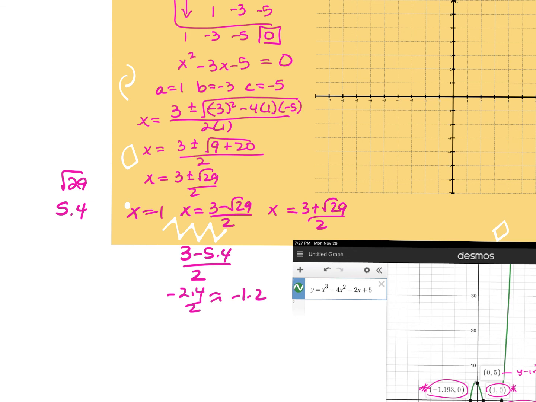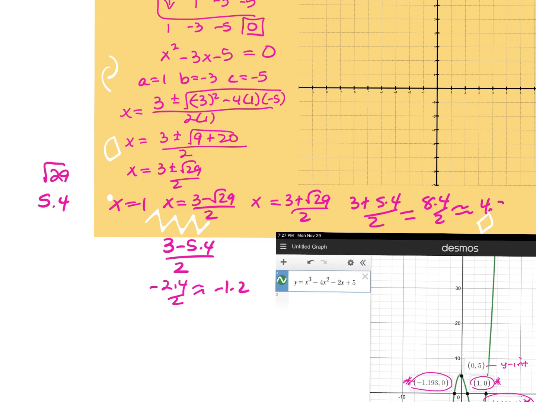And then the same thing here, if I do 3 plus 5.4 divided by 2, 8.4 divided by 2, this will approximately give me positive 4.2.